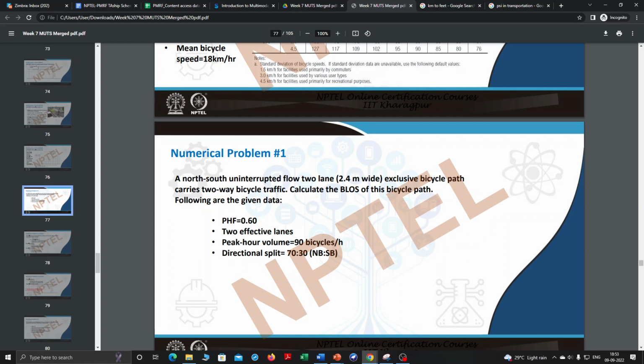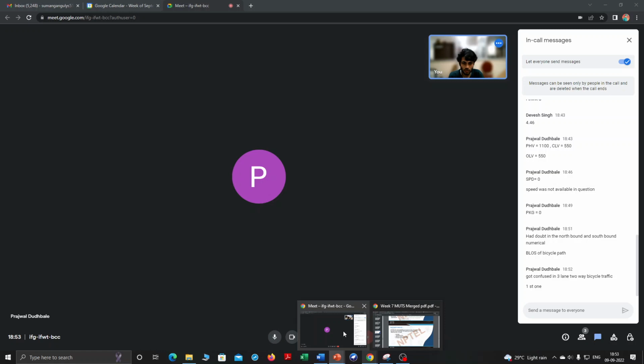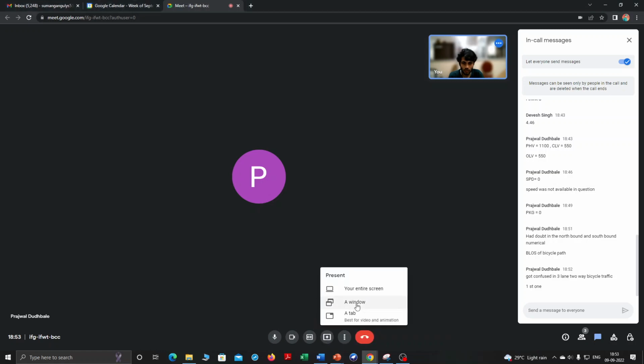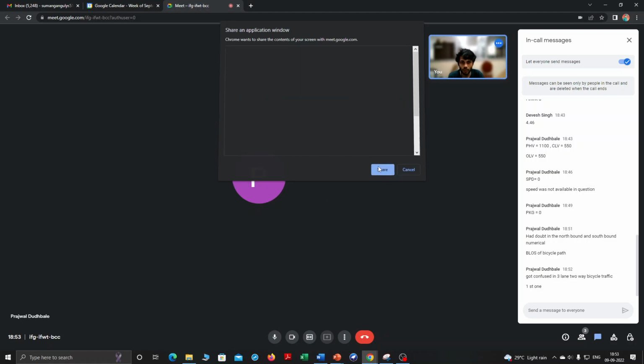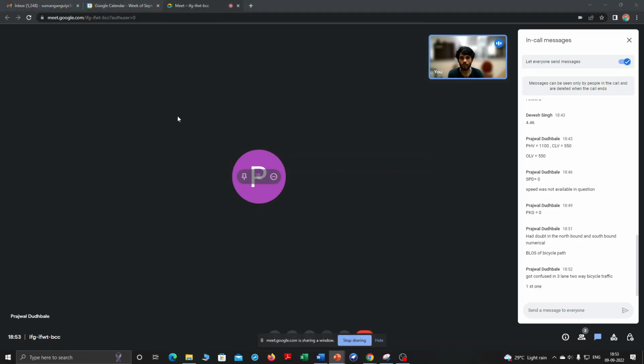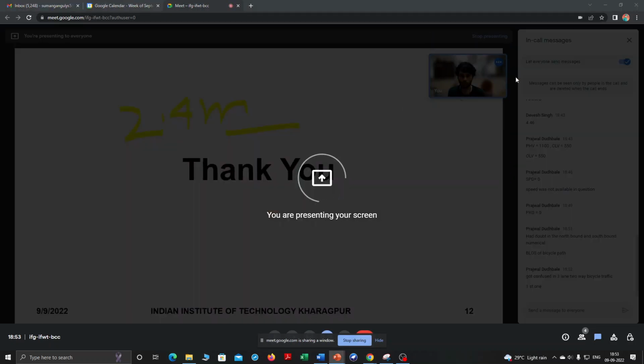So suppose here I can also, 2.4 meter, right? Let me just, one second, window, and then can I share it? One second, I will share this one only. Okay, I am trying to see what is the problem.